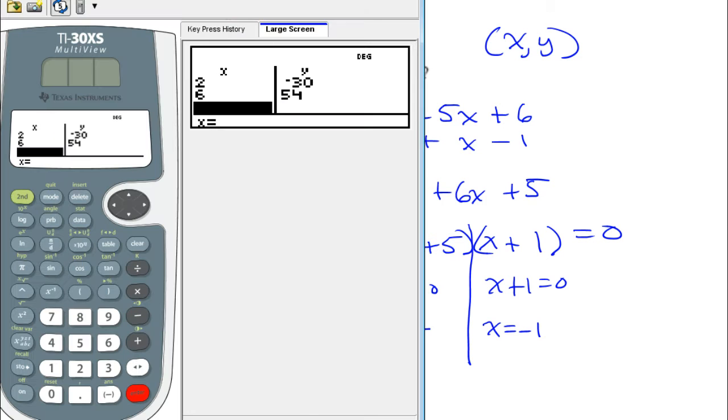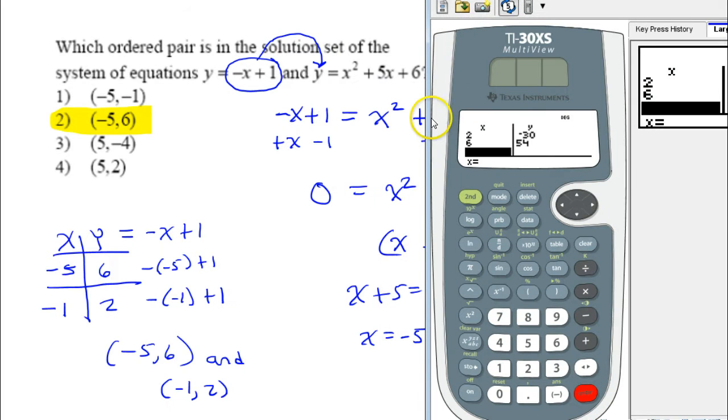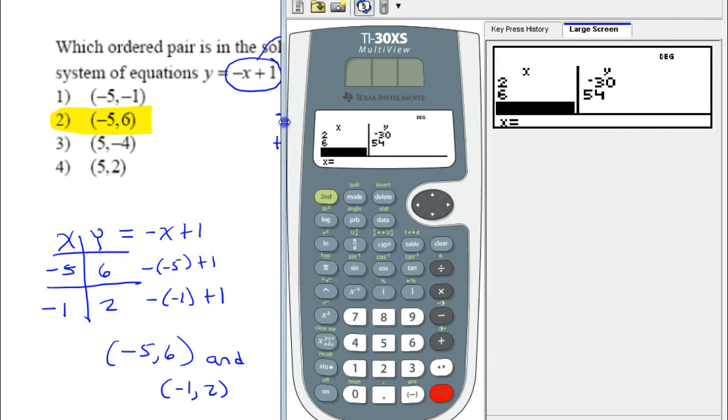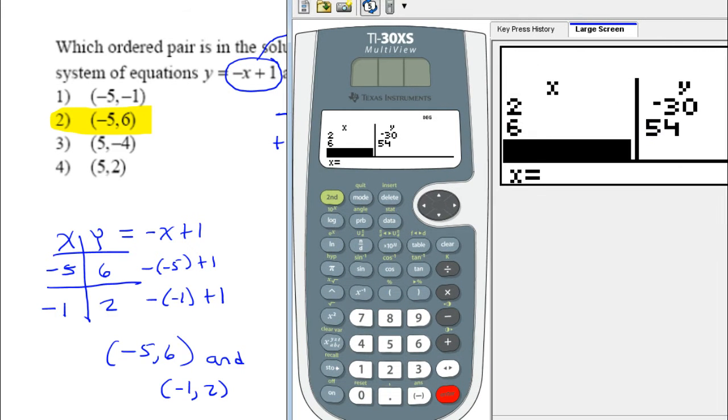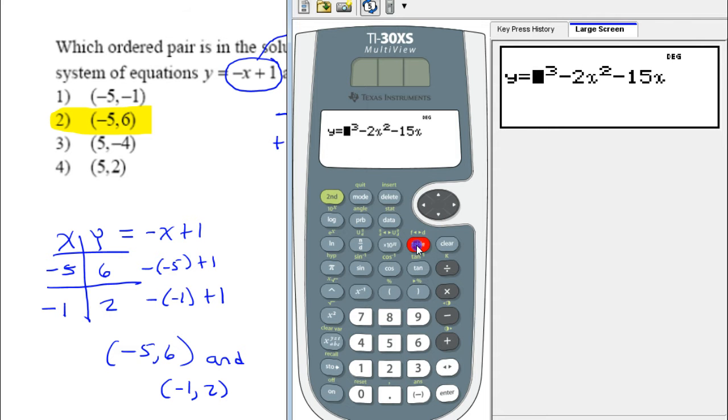Real quick, on this particular problem, it was easy enough for me to just find the y values by hand, the way I did. But I want to make clear that if you had a more complicated y equation, you might use your calculator.